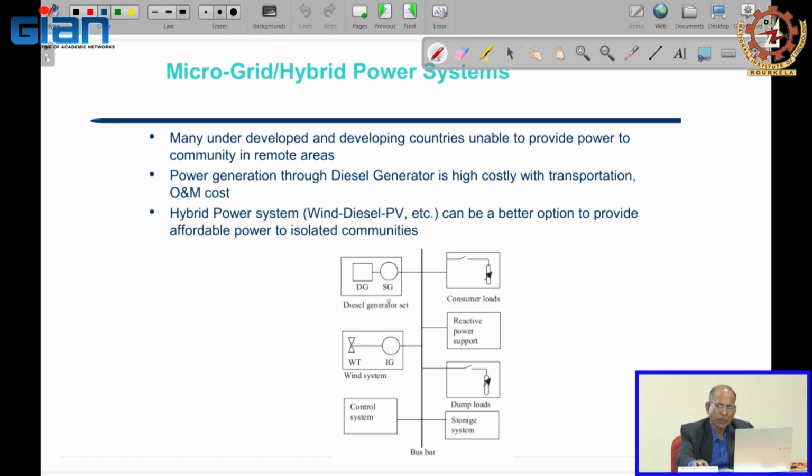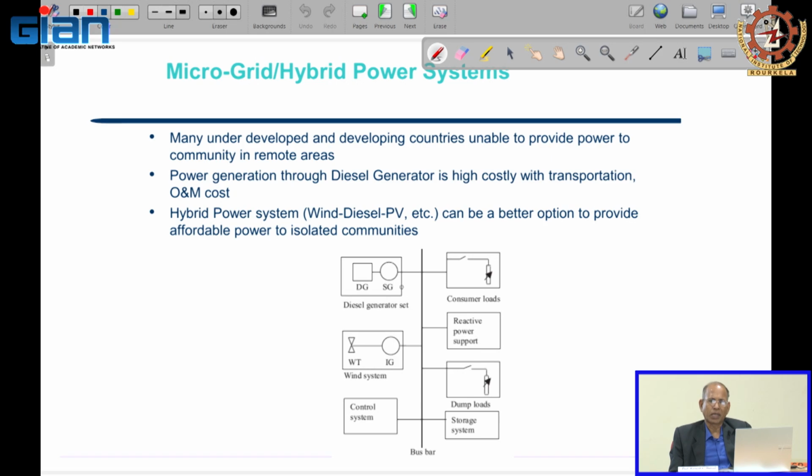So here the diesel generator, what type of electrical generator will it have? Generally it will have a synchronous generator, because the speed of the generator is fixed. It is not variable like the wind speed. So whenever we have this fixed speed prime mover, we use the synchronous generator.